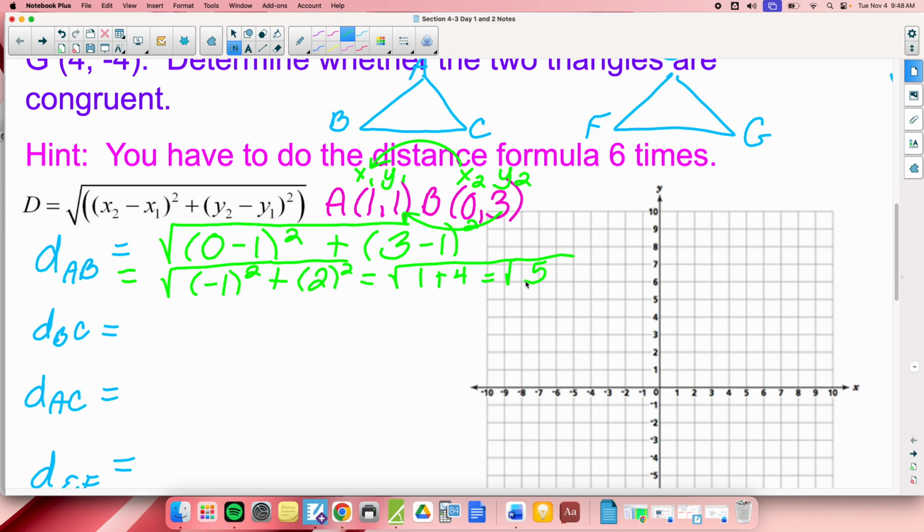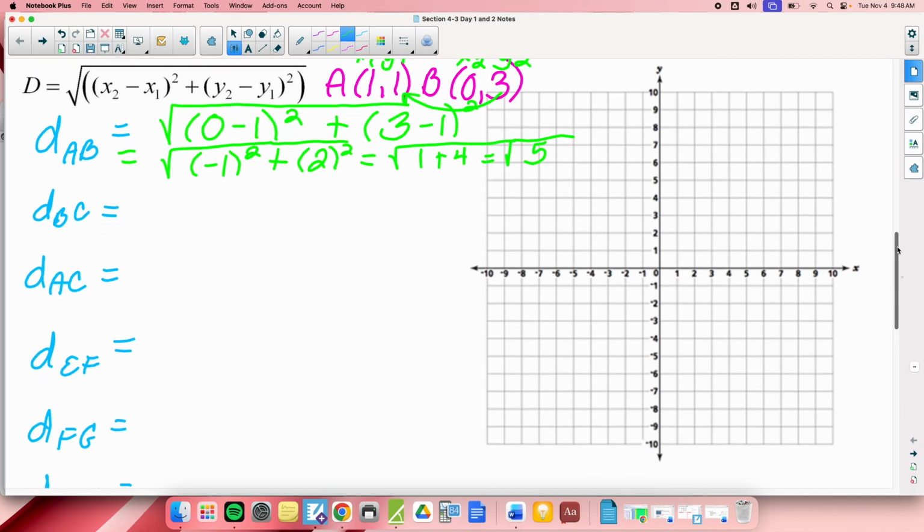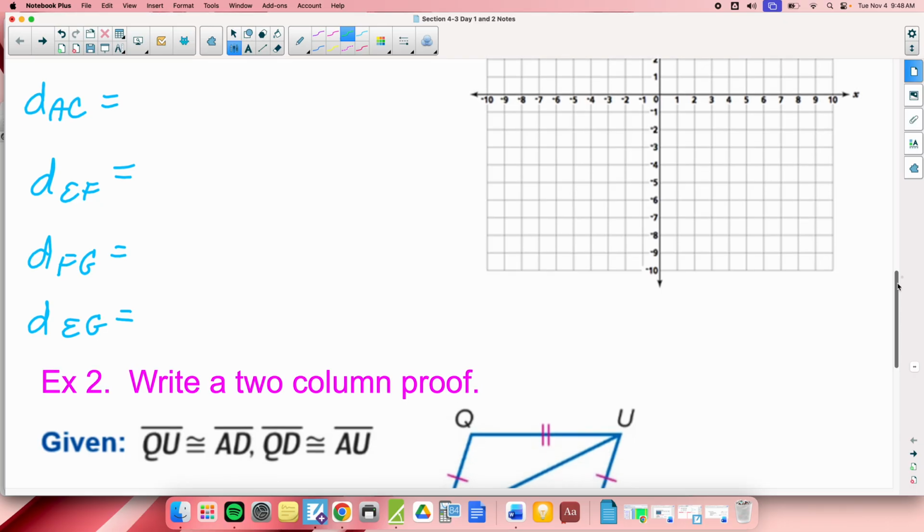Now, what I want to do is let's have the first row do BC, okay? And then let's have Caleb's row do AC, Miski's row do EF, and Suhela's row do FG, and then, I probably split you guys up too much.